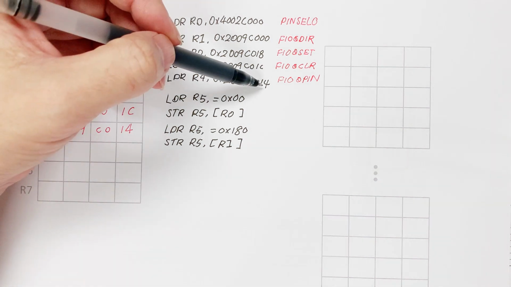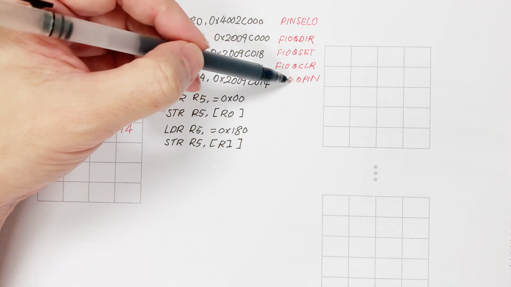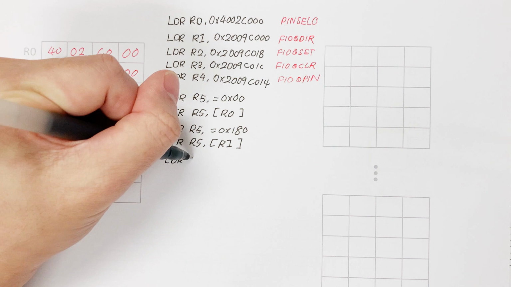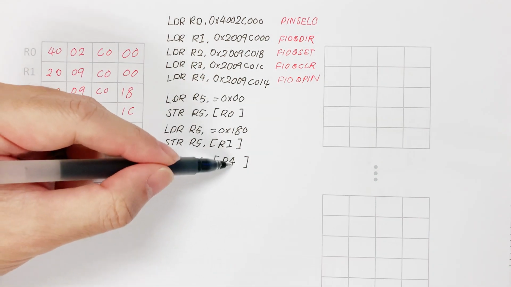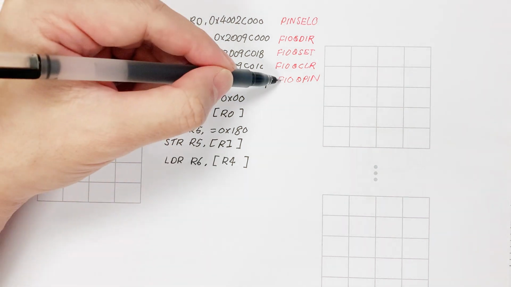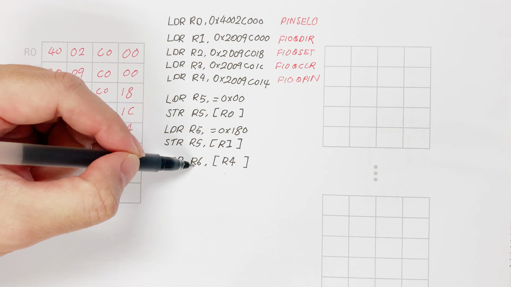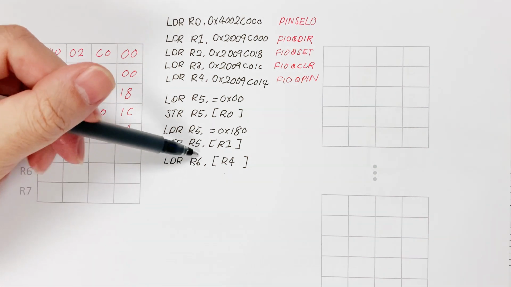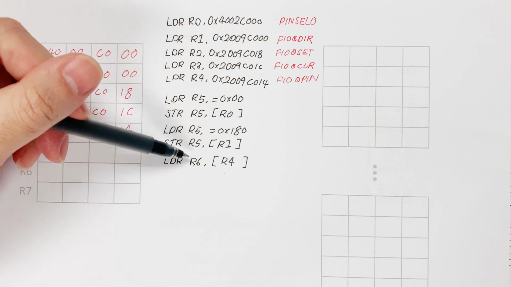The way how we do it is by reading the memory address given by the FIO 0 pin registers. I read the value from the address given by R4, which is our FIO 0 pin registers, into register 6.